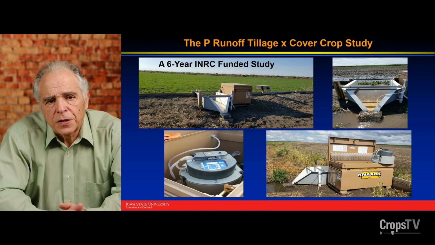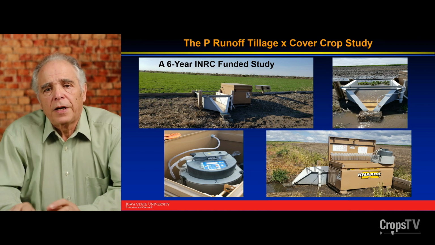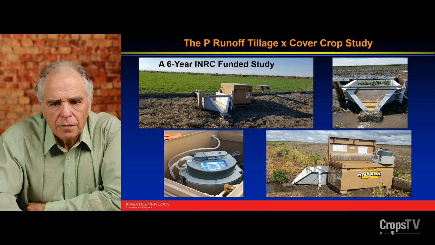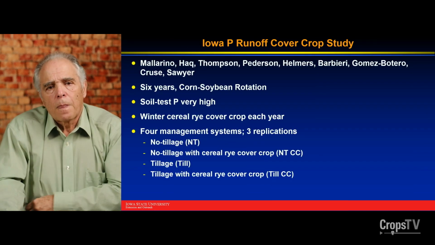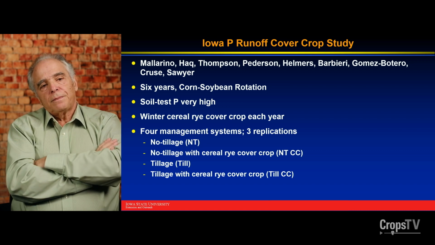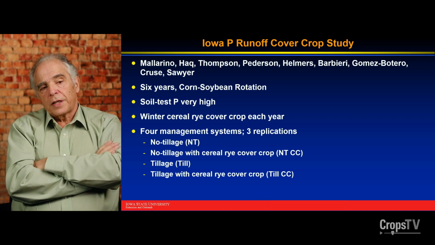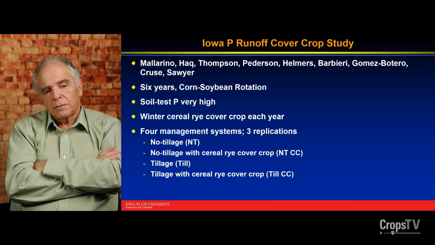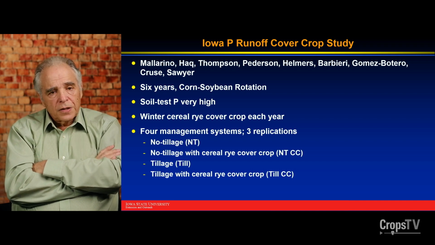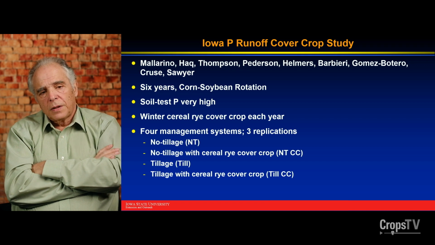So it was a 6-year study south of Ames. We used natural rainfall, all these things, H flumes, all that stuff. So there were many people involved over time. It was corn soybean rotation. Soil test P was high to very high, and we maintained that over time. We used a winter cereal rye cover crop each year.